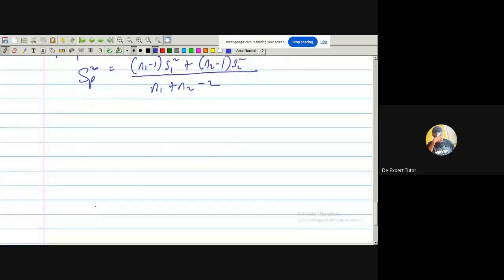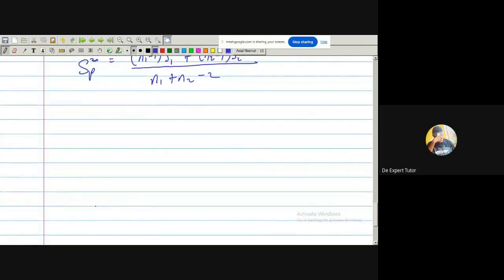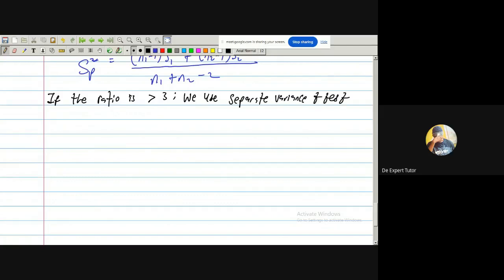What if the ratio of the variances is greater than 3? What do we do? Now pay attention. If the ratio is greater than 3, we use what we call the separate variance t-test. And what's the formula for that?